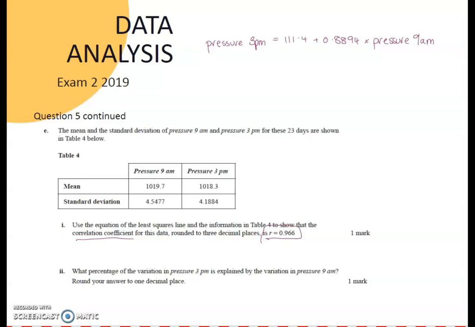So we're using our slope equation where we've got standard deviation of y times our r value over standard deviation of x. And so here, that is the only equation that has the r value in it. And we have all three other components. So we know the slope of the line is equal to 0.8894.